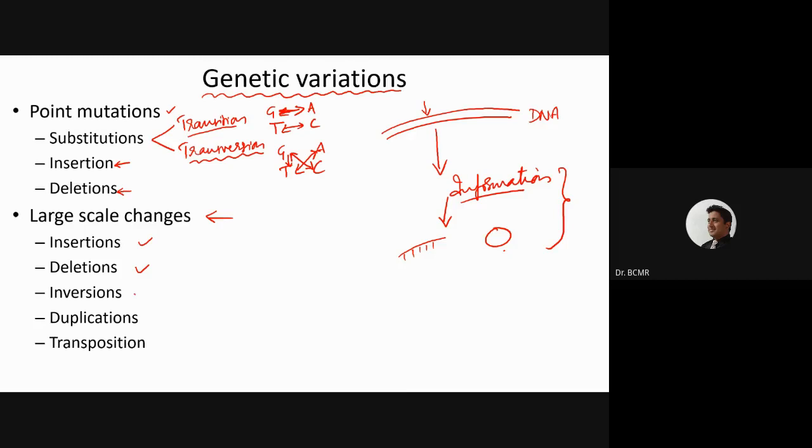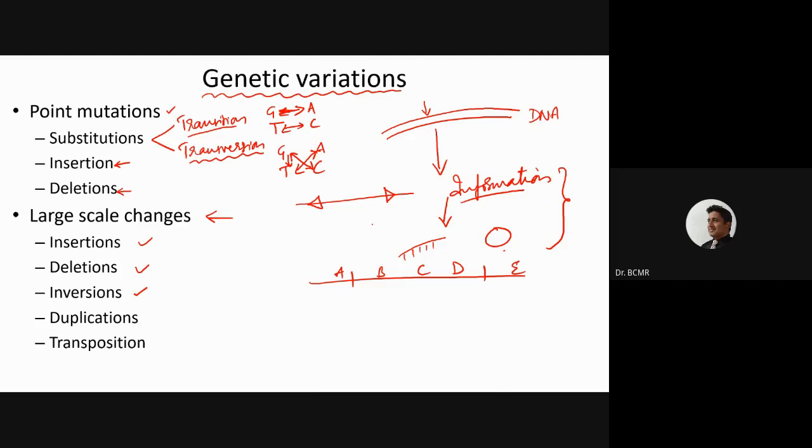There could be inversions. In inversions, the size remains the same, right? In the last class, we did site-specific recombination, and there we discussed the Cre-Lox system.